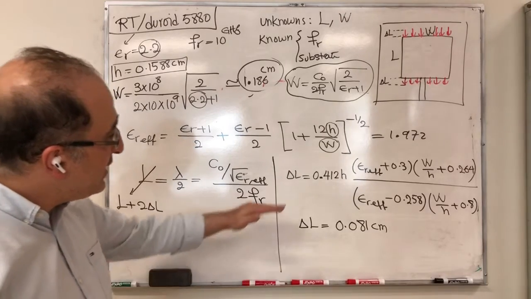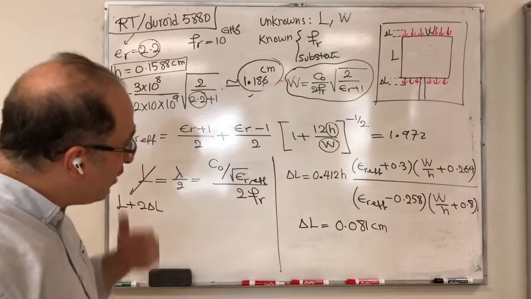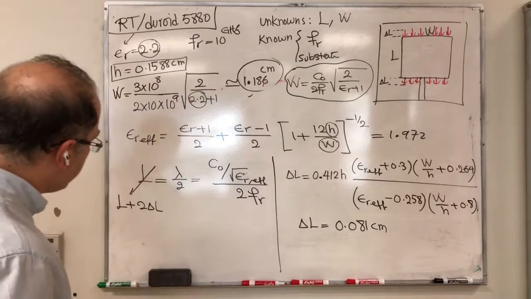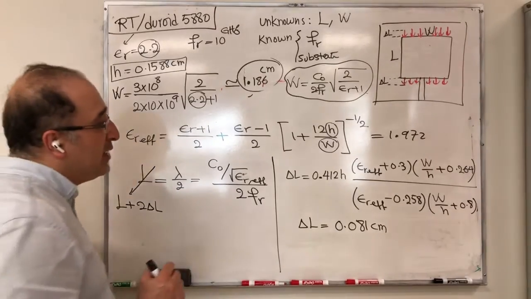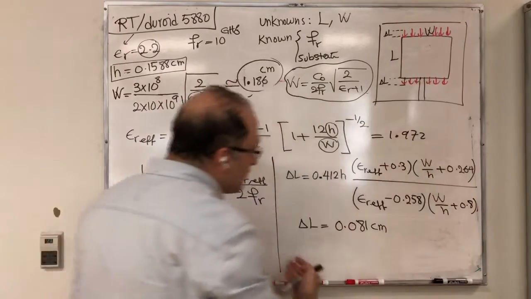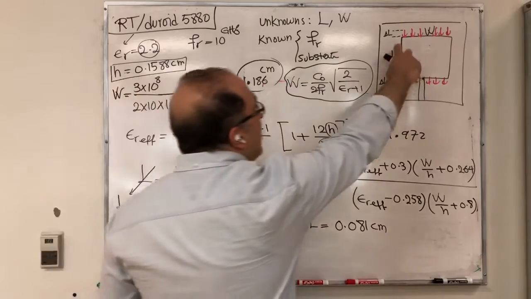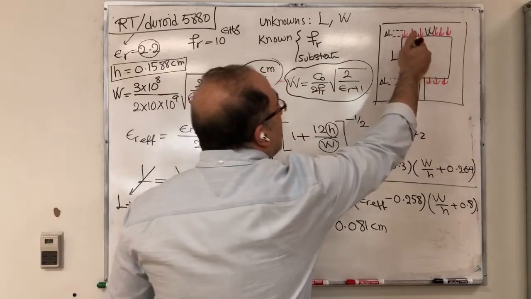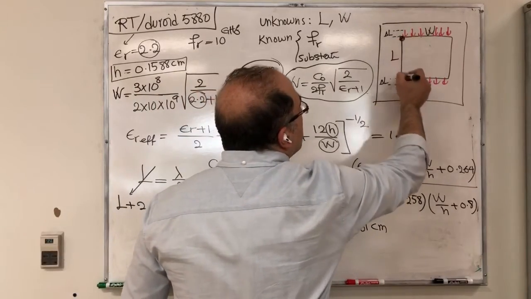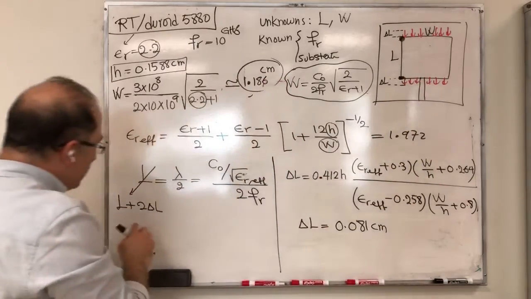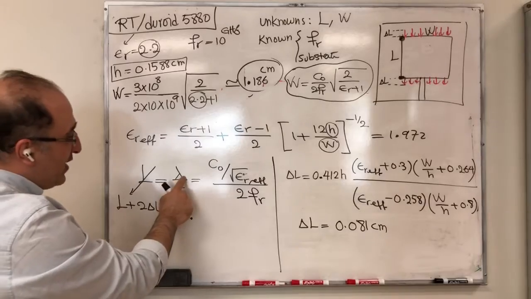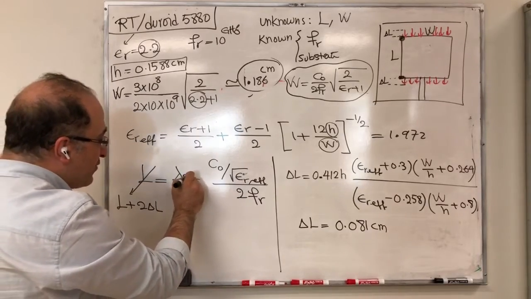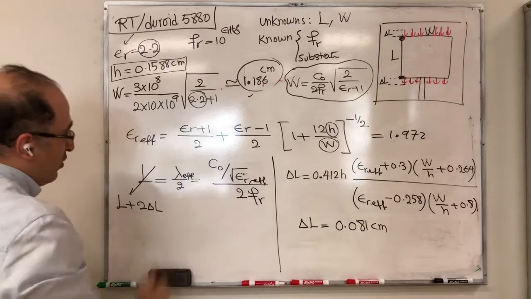Now, this is our delta L. Now that we know our delta L, we can find the length that we actually need to fabricate, because this was the length from the perspective of waves, L plus 2 delta L, but the one that you fabricate is from here to here, which is this L. So we know that L plus 2 delta L should be half a wavelength, where wavelength is the effective wavelength.